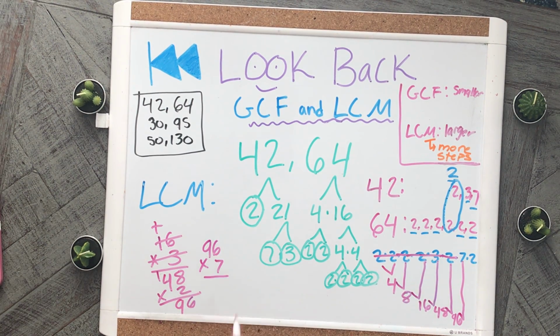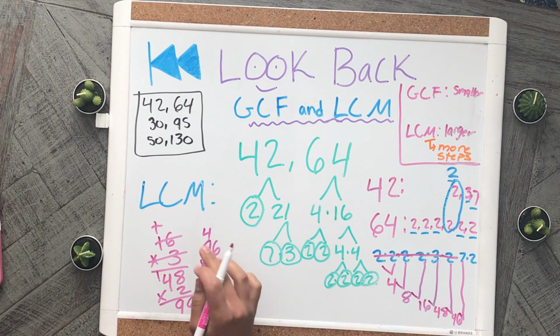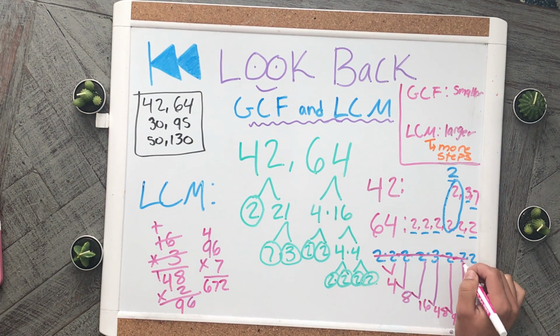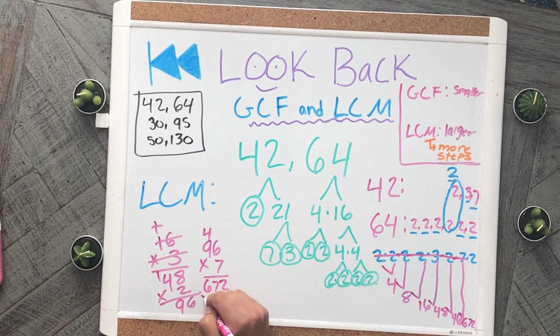Alrighty. 7 times 6 is 42. 9 times 7 is 63, plus 4 is 67. Okay, so then I'm running out of space here. But we have 672.